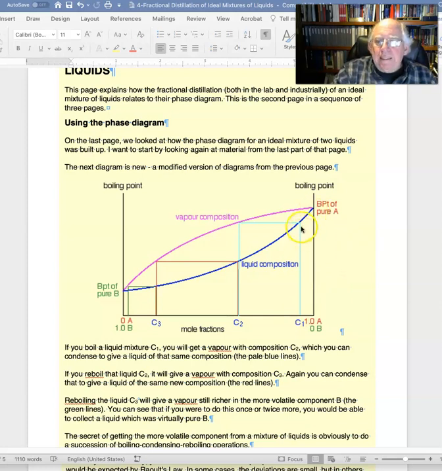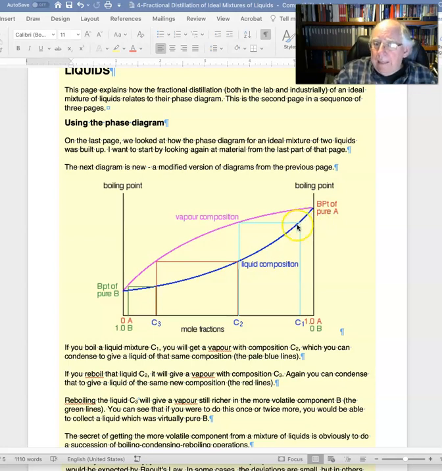What this blue line says is that boiling starts whenever we reach a certain point, and in this particular case it would be close to the boiling point of the pure component, the water.